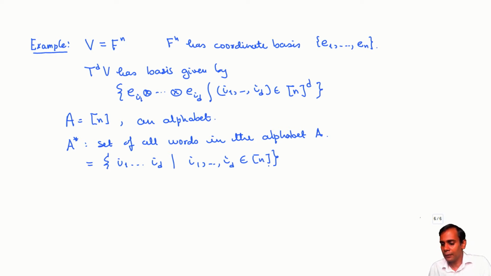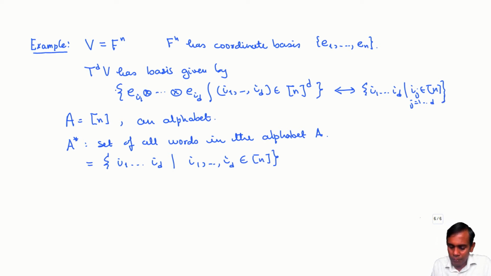So this basis is in bijection with words of length d in the alphabet 1 to n. So the basis of T^d V is in bijection with words of length d in the alphabet 1 to n.